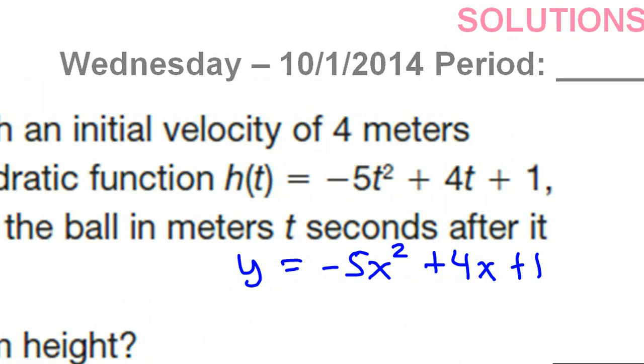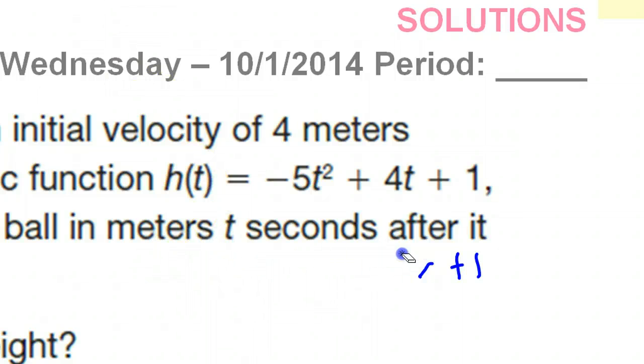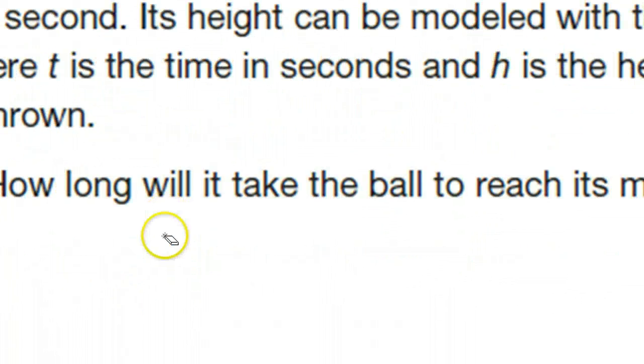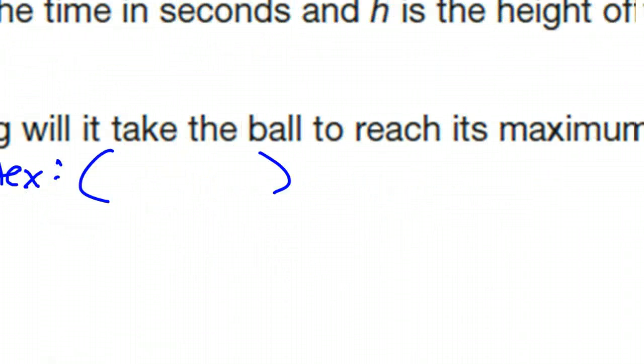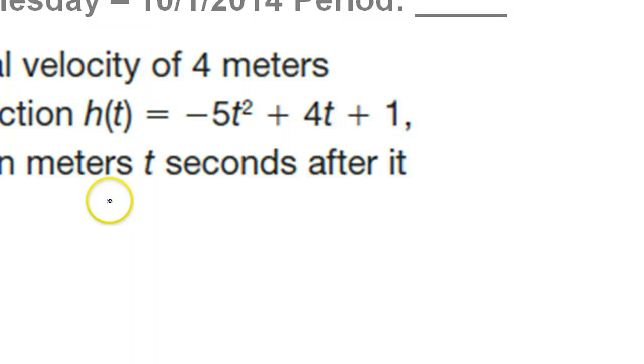So let's find the vertex. Like I said, we're going to need opposite of b over 2a to find the x value of the vertex. We know it's going to be something comma something. To find that x value, or in this case the t value, it's going to equal the opposite of b over 2a.